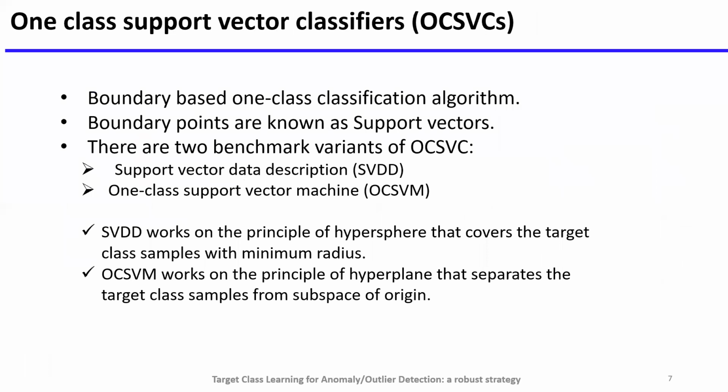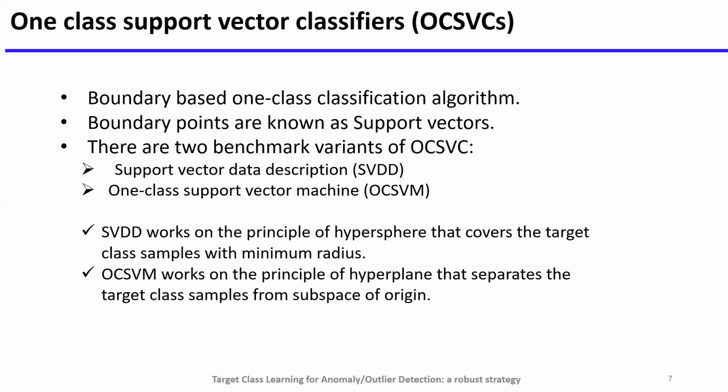Okay, coming to these one class support vector classifiers, they are incorporated with the support vector. So the ultimate goal is to find a boundary that will cover the target class samples, and the points that reside on the boundary covering the whole target class are known as support vectors.